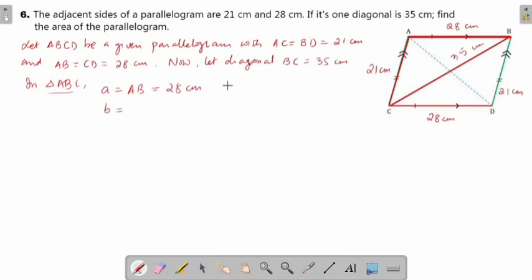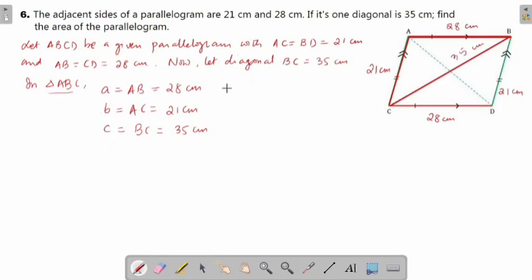Let me take b equals AC, which equals 21 centimeter, and let me take c equals BC, which equals 35 centimeter. Now if you have got three sides, you know there is one formula called Heron's formula, which can evaluate the area of the triangle.